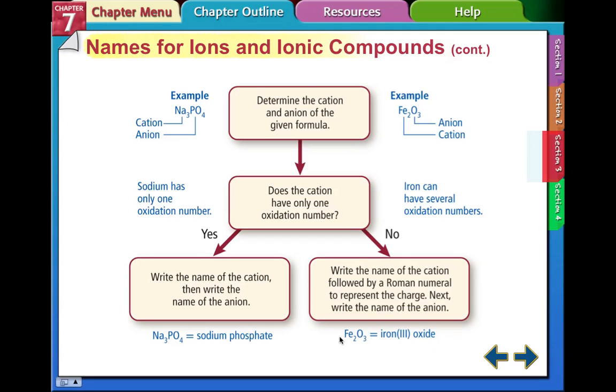And we still have just two elements, so we know our ending is going to be ide: iron(III) oxide. I know this may sound confusing now, but you are going to get lots of practice doing this. So let's get to some of the worksheets.